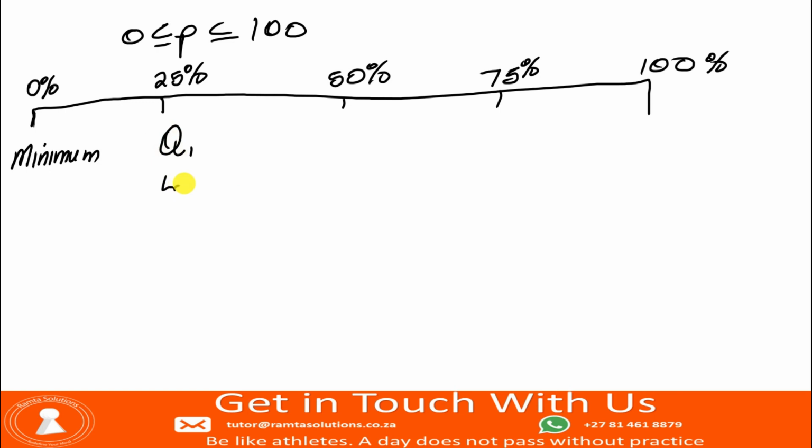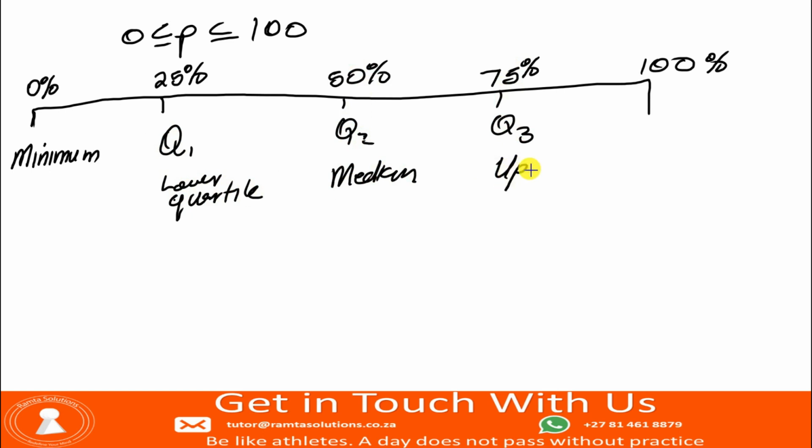Then the 50th percentile is what we call the median. And then what is your 75th percentile? It's the third quartile, what you call your upper quartile. Now, what is your 100th percentile? It's your maximum.